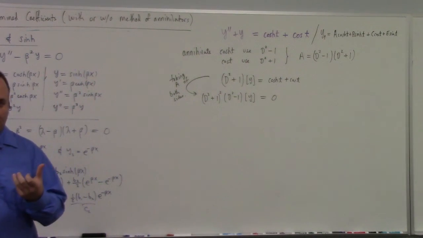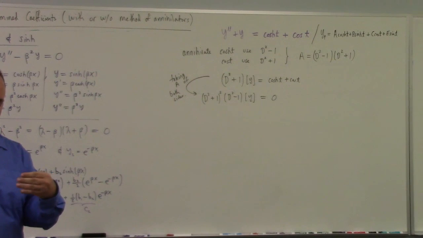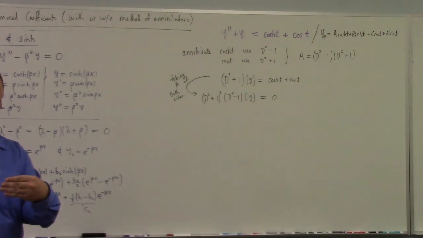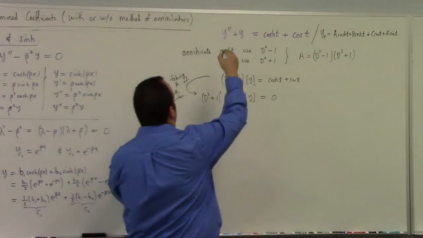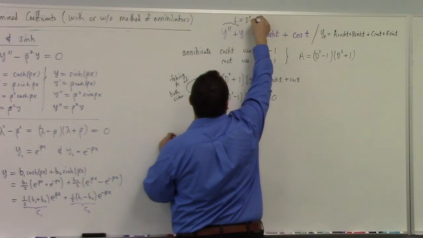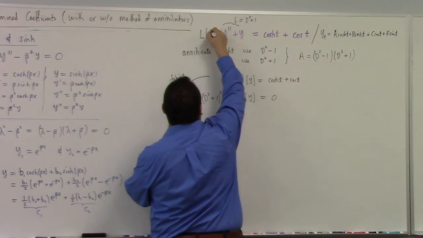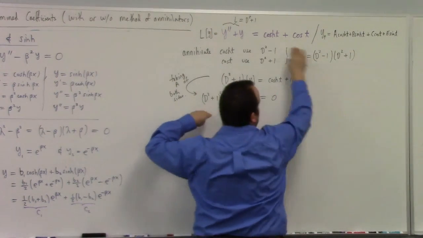And the overlap phenomenon is reflected in the fact that there is literally an overlap of the annihilator and the defining operator of the differential equation. So here L is equal to D squared plus 1, if I want to write this as L of y in our language we were using the other day. So you see that there's this and this.